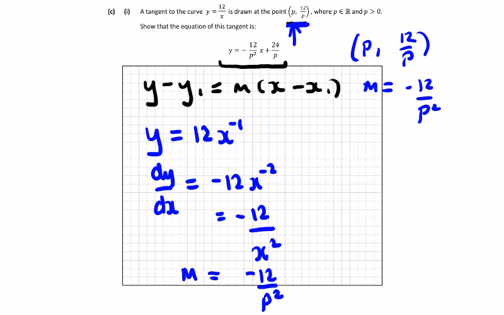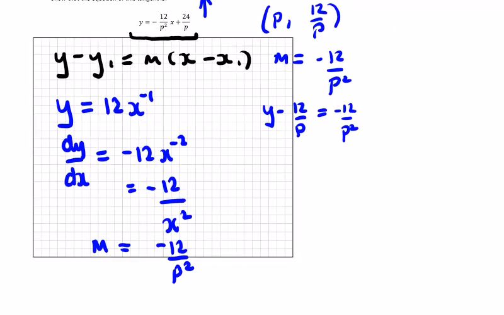Filling that into the equation of a line, we're going to get y minus 12 over p is equal to minus 12 over p squared times x minus x1, which is p.